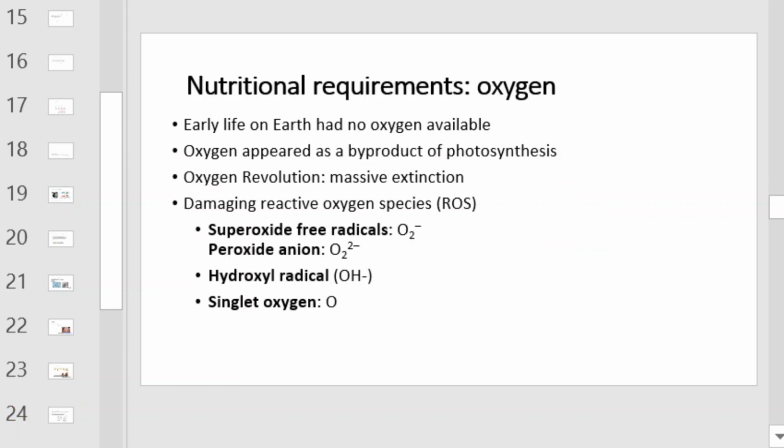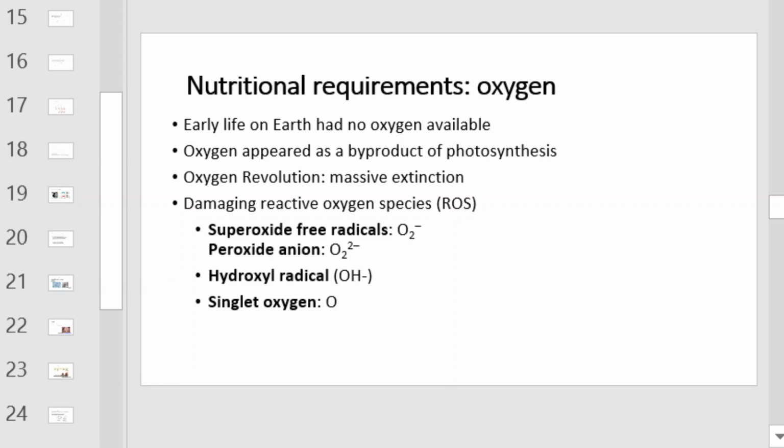Nutritional requirements are often a determining factor on how quickly or how slowly a population might grow. Early life on Earth had no oxygen available. Oxygen appeared as a byproduct of photosynthesis. As a result, there are organisms that prefer to live in oxygen-poor environments and grow best there, and vice versa.